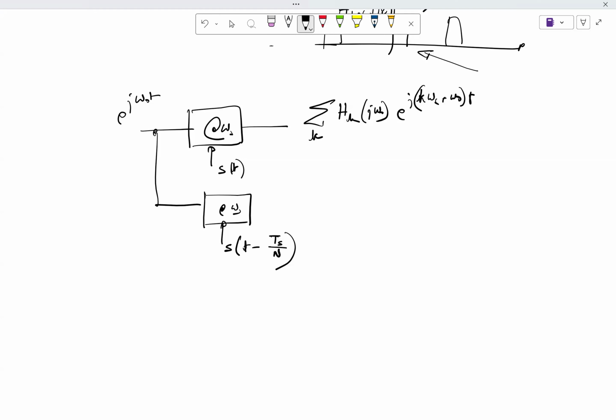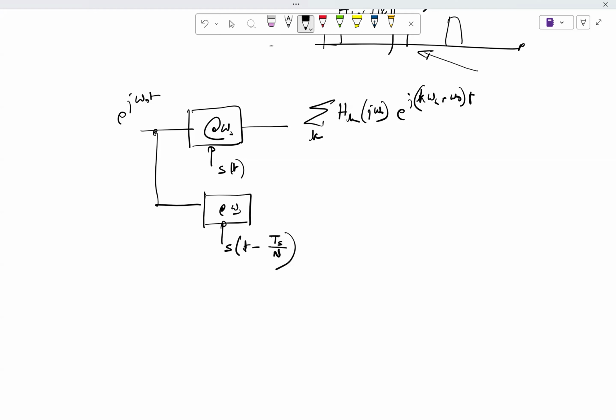As long as s(t) is periodic, LPTV is sustained, right? So it can be a weird shape, triangular, sinusoidal, something I do not know, but as long as it is periodic, the LPTV relationships are valid, right? If it is periodic, then I know that it's periodic with a certain interval, and that interval is Ts. The bottom clock I am delaying by Ts over n, where n is an integer.